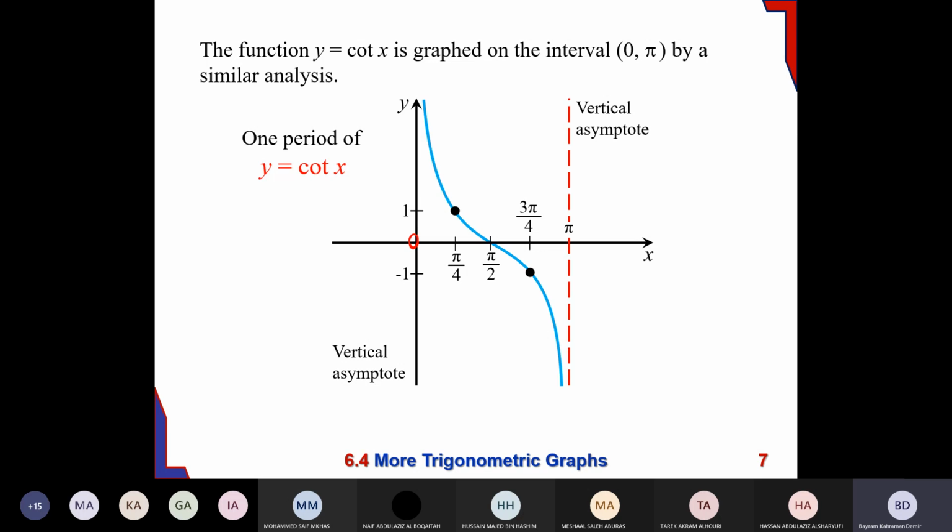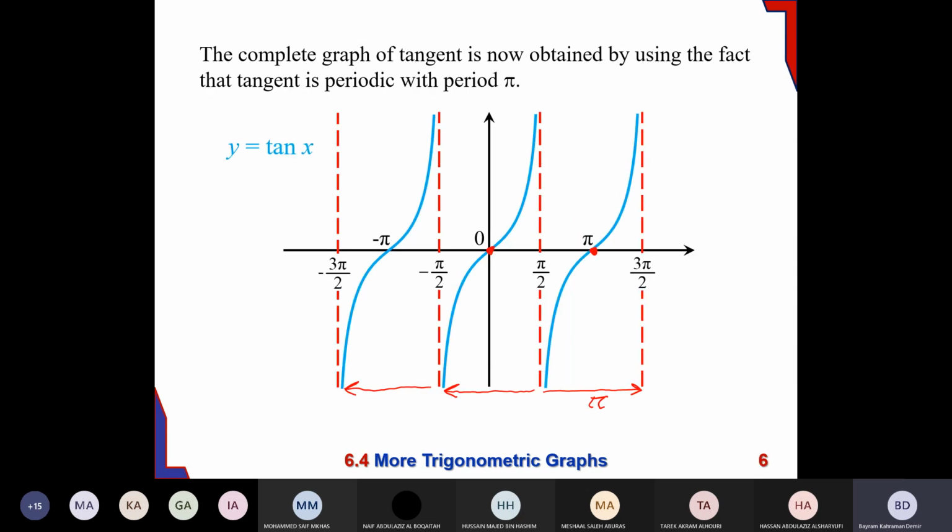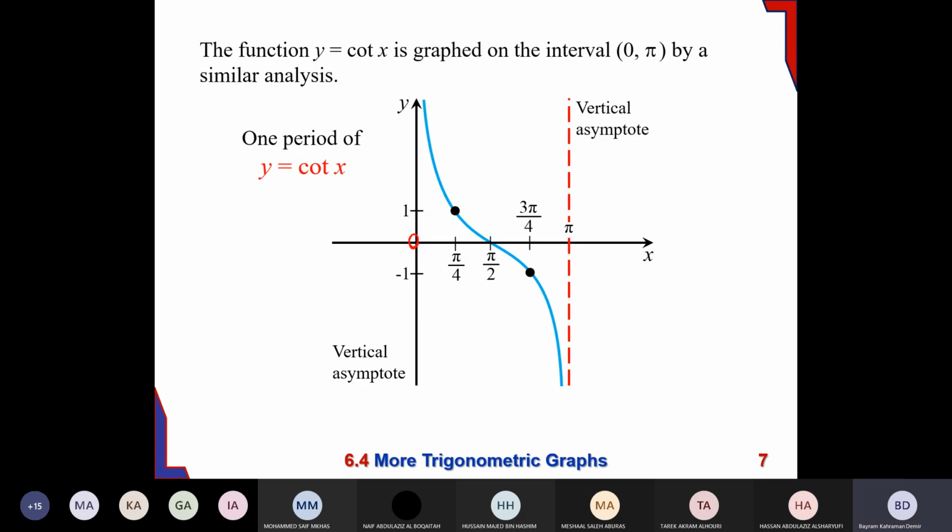Let's go back to tangent again, you see? 0 and pi, they are x-intercepts for tangent. But now they are asymptotes for the cotangent. Why is it like that, Shabab? Because when you flip, it will be a number over 0. Yeah, undefined. Perfect. Because cotangent is 1 over tangent.